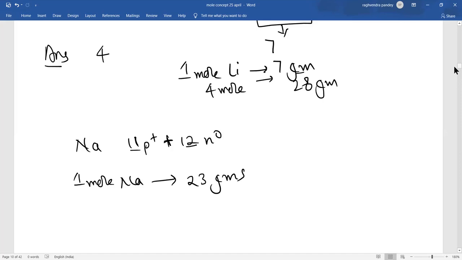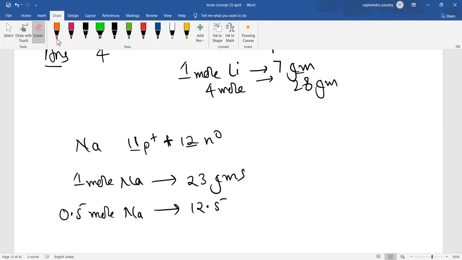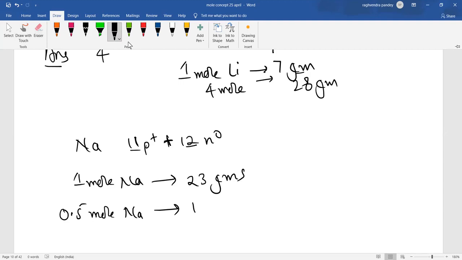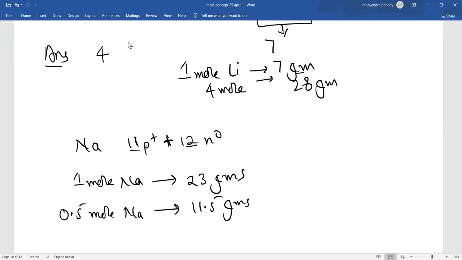Suppose someone asks me what is the mass of 0.5 mole of sodium atoms. 1 mole has 23, half mole has half of 23, so that is 11.5.